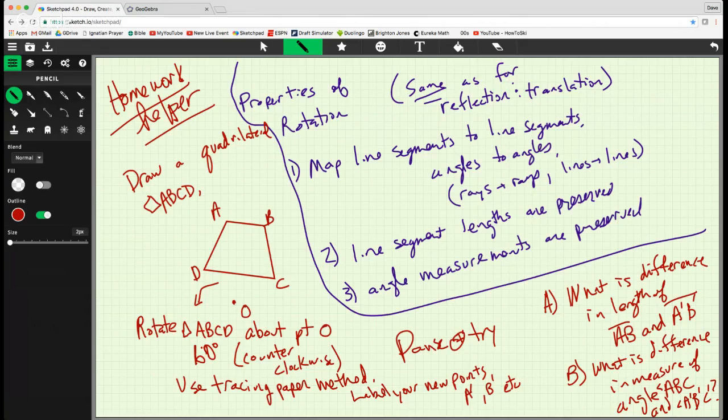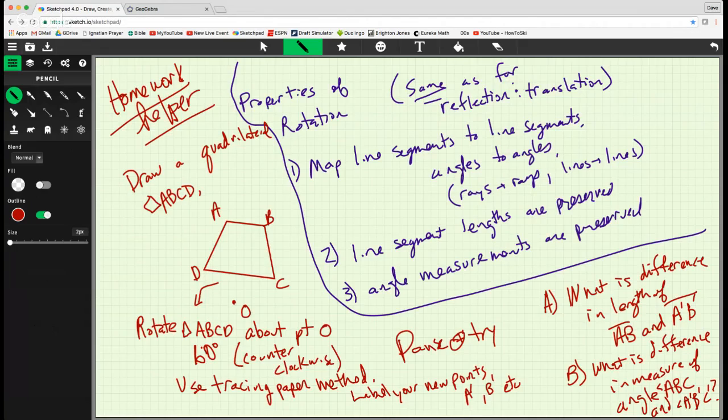Okay, so you pause and you try, and I'm going to do the same problem here on tracing paper. You can just fast forward past all this while I do my drawing, and hopefully you can pause and be trying the same thing. I'm almost done.